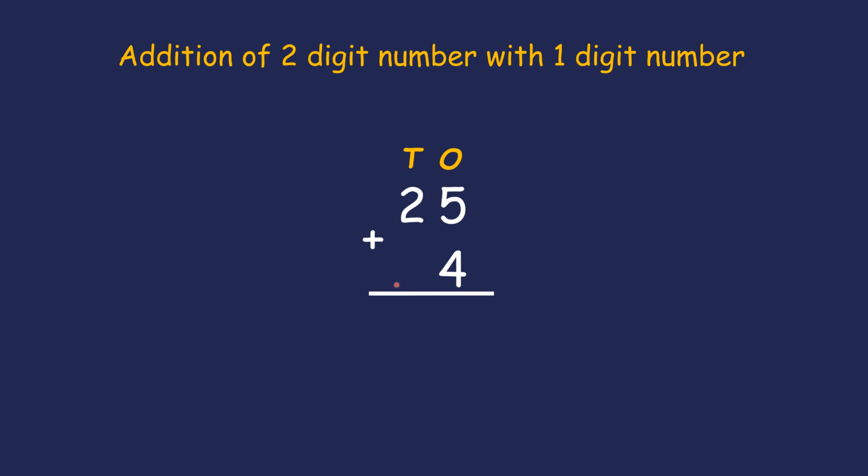Here is an example of a 2-digit number added to a 1-digit number. The O column here represents the ones column, and the T here represents the tens column. Now let's add 25 plus 4.